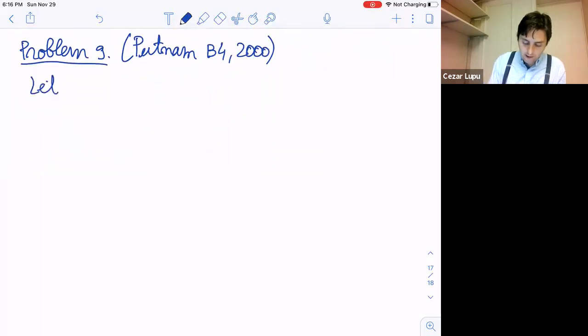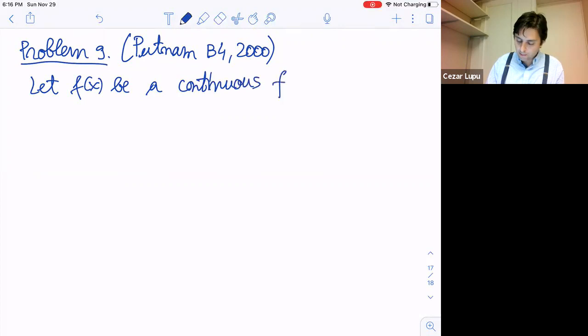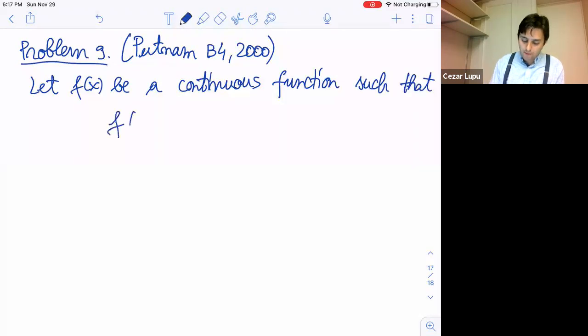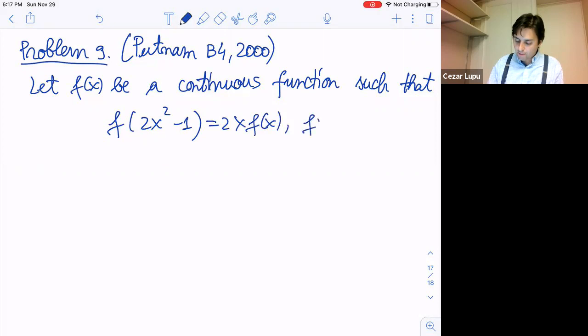So let f of x be a continuous function such that f satisfies this condition: f of (2x squared minus 1) is 2x f of x for all x.